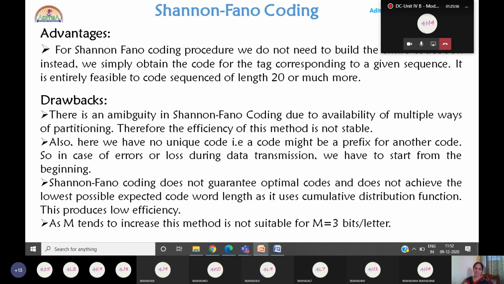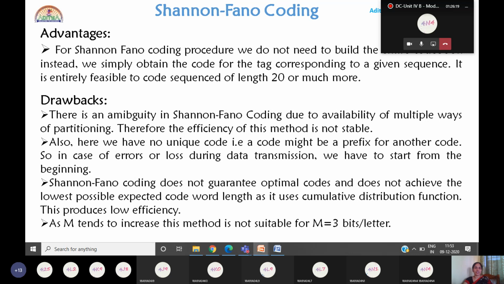For example, if m is 3, you have to divide it into 3 subsets and assign -1 to the upper subset, 0 to the middle subset and 1 to the last subset. And continue this process till each subset consists of only one message or symbol. Okay, this is the process. The same process will continue for all the techniques.